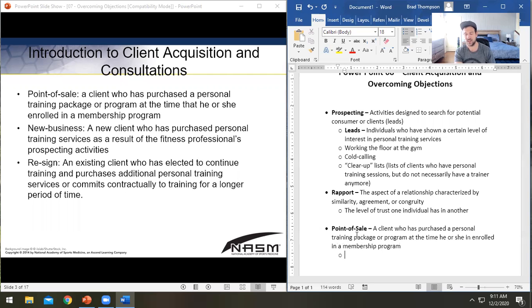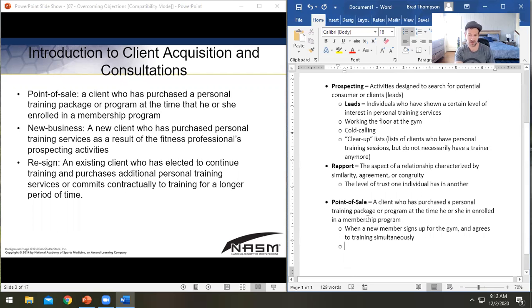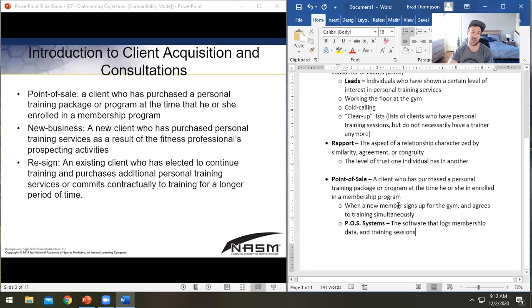So what that basically means is when a new member signs up for the gym and agrees to training simultaneously. Right. There's also POS systems, which is what I was describing, the software that logs membership data and training sessions, right? So that's why we call that a point of sale system.